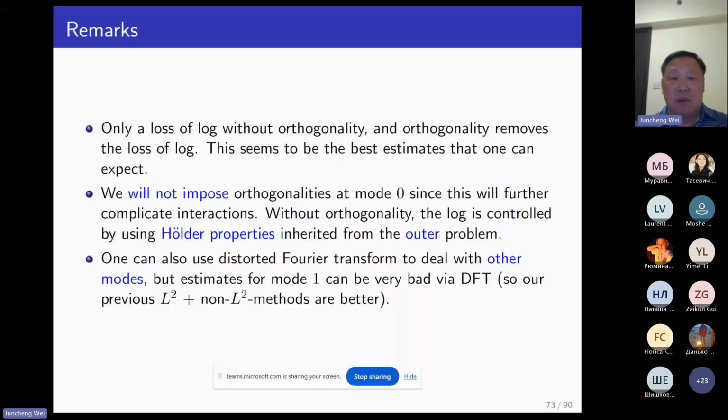You only lose a log without orthogonality condition, and you can use the resolvent to deal with mode 1, but the distorted Fourier transform actually loses a lot more than the theory we defined in dimension 3 and 4.